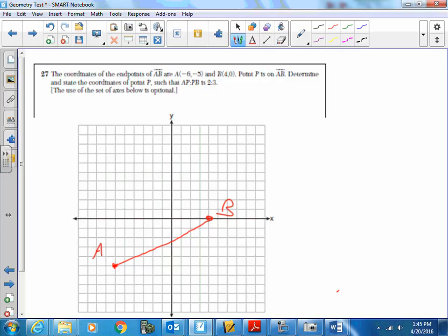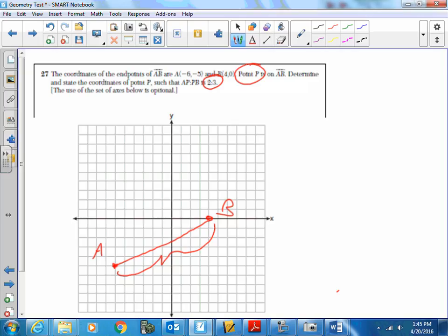So we have a point P, which is on this line somewhere. We don't know where, but wherever it is, it's going to cut this line into a ratio of 2 to 3.